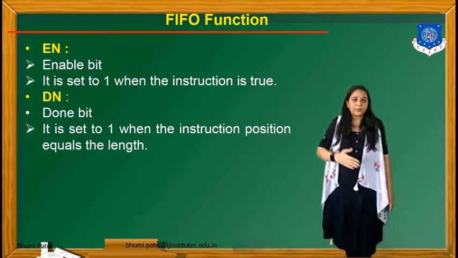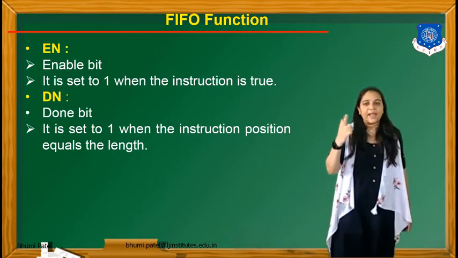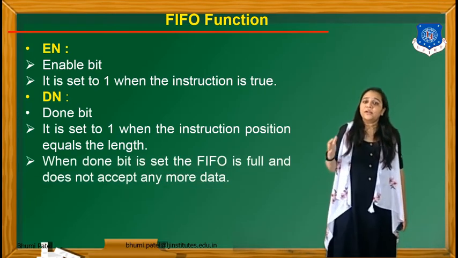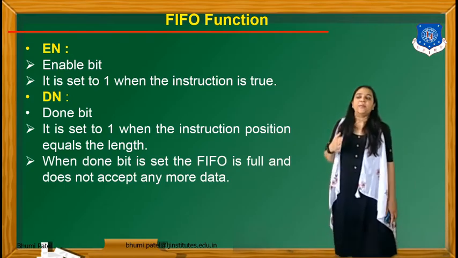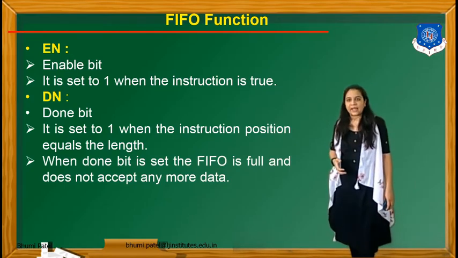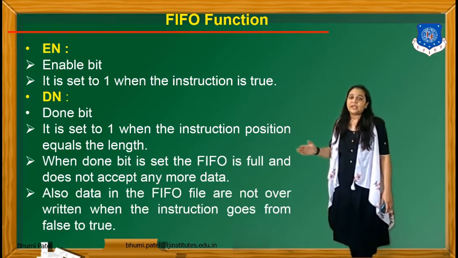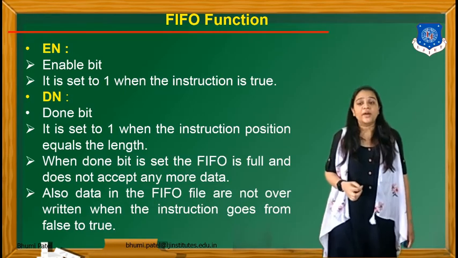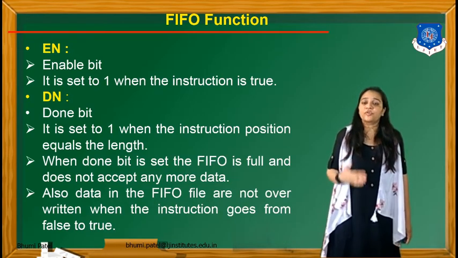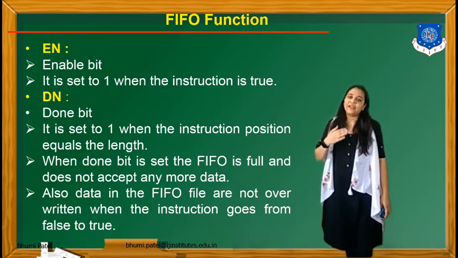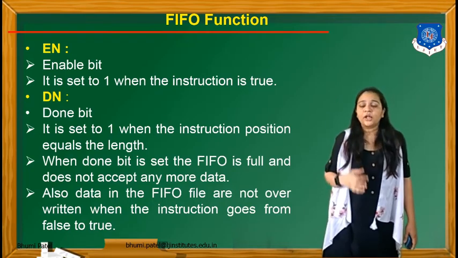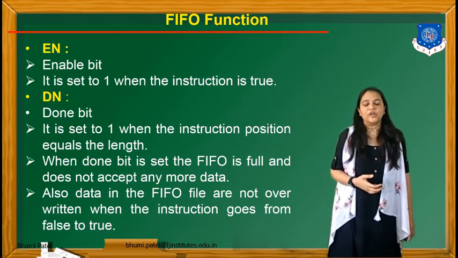In the whole program, the done bit will be 1 at one time. And when the done bit is set, the FIFO is full and does not accept any more data. Also, the data in the FIFO file are not overwritten when the instruction goes from false to true. So the done bit indicates that the FIFO file is full and we cannot upload more data to this particular file.